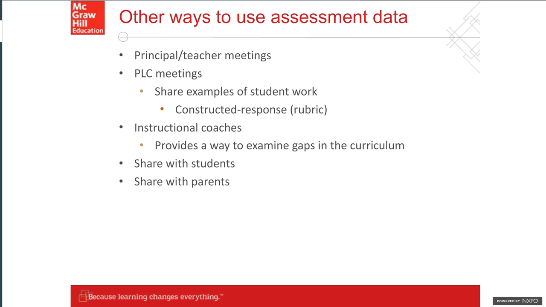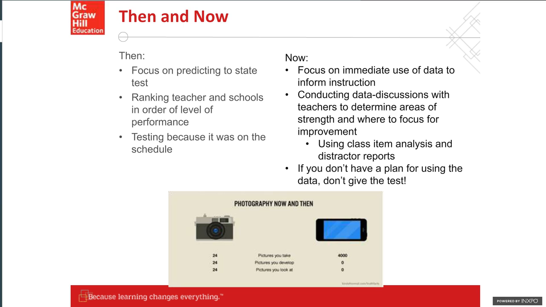We can work with parents at back-to-school nights, anytime parents come in. Acuity has an at-home portal that parents can log into, and some of the other tools have at-home pieces too. So it really provides a good way for us to work with our students and our parents in addition to our teachers, because we need everybody to help make sure students are moving forward in their learning.